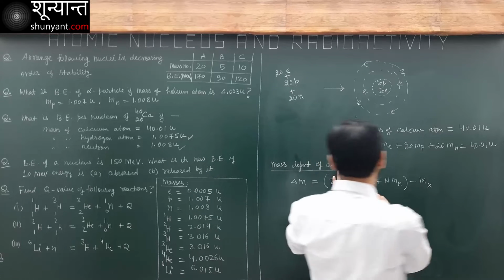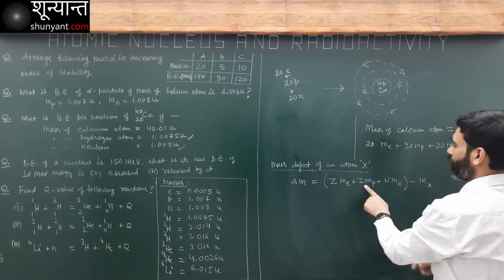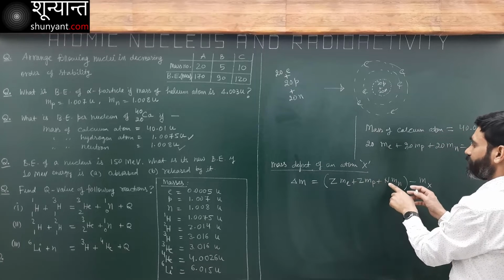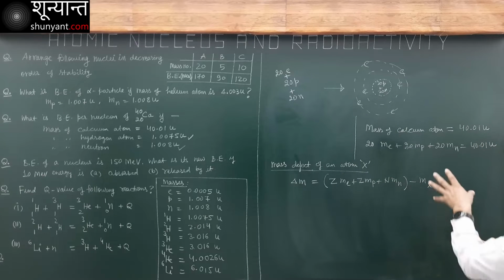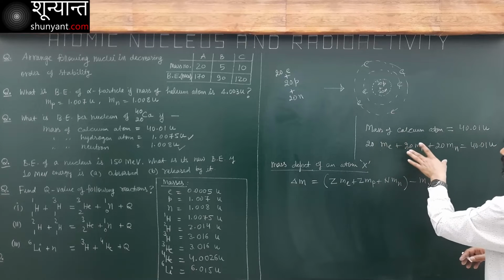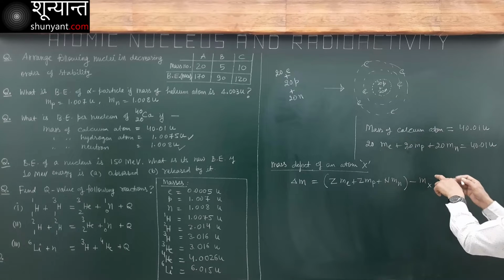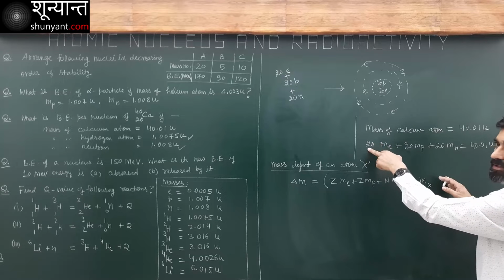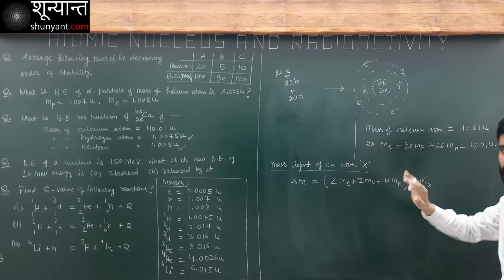So this will become 20 protons plus 20 neutrons separate masses, and here I will have 20 protons, 20 neutrons taken together plus 20 electrons. Now these 20 electrons here are going to be cancelled by 20 electrons here. It gets subtracted.